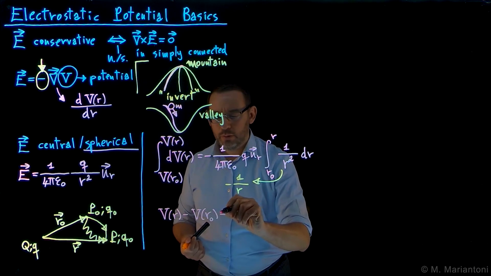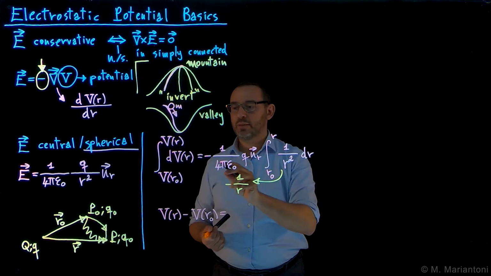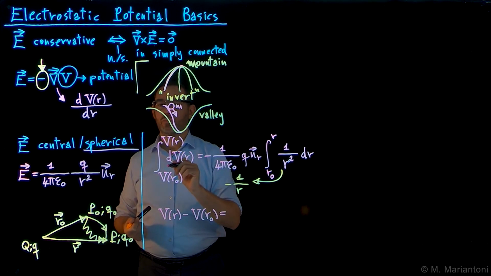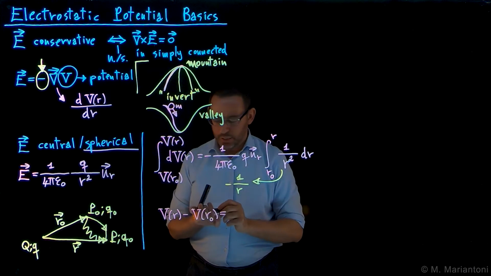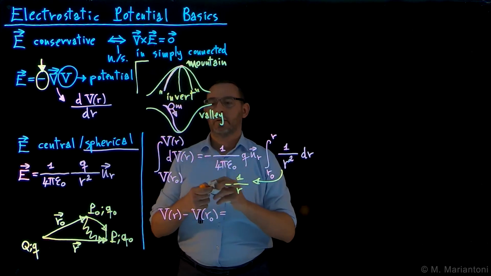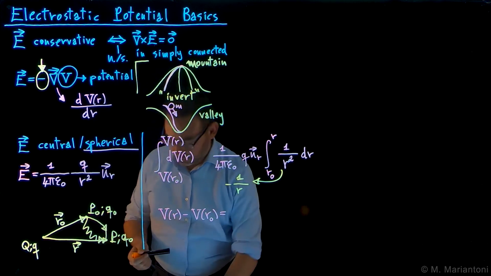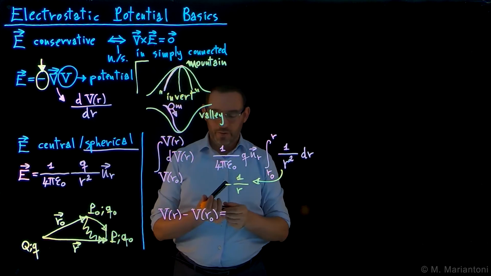This has to be equal to all these constants. And obviously here we forgot that the gradient needs to have also a vector component.